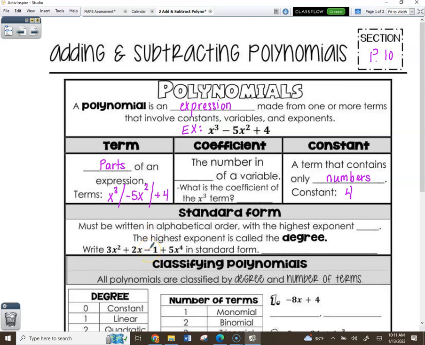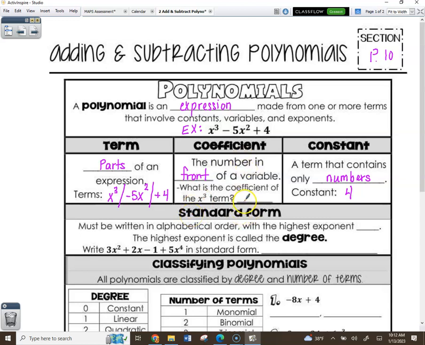Terms are separated by plus and minus signs. Okay, so the sign goes with the term itself. So this term is x cubed, this term is negative 5x squared, and this term is positive 4. Coefficient is the number in front of a variable. Coefficient is the number in front of a variable.